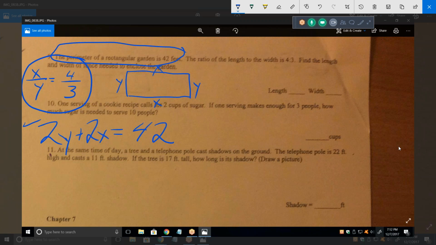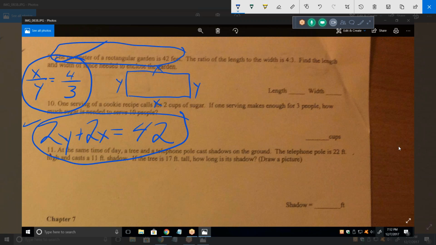I can solve it. What's a good way to solve this? Here's my one equation. There's my second equation. How do I come up with what x and y are? How do I solve this system of equations? This is more of an algebra problem than a geometry problem. But, as you found, geometry is at least half algebra.